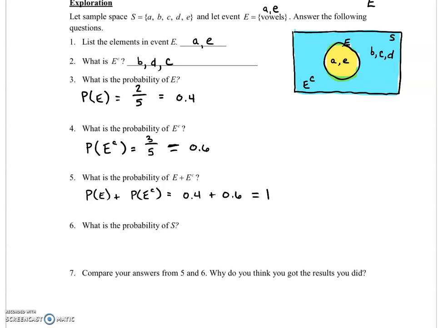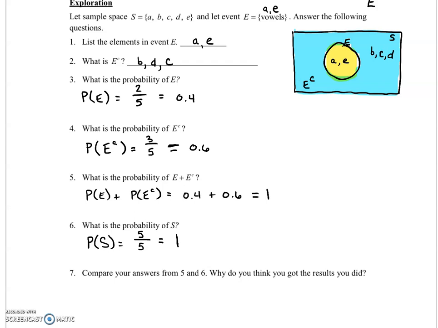Now, what's the probability of all of S? Well, there are 5 total things in S. So the probability of, since there are 5 of them, 5 goes in the numerator. And of course, we always put the total number of things in the denominator. 5 divided by 5 is 1. So here's why it makes sense that the probability of the event and the probability of its complement is 1.